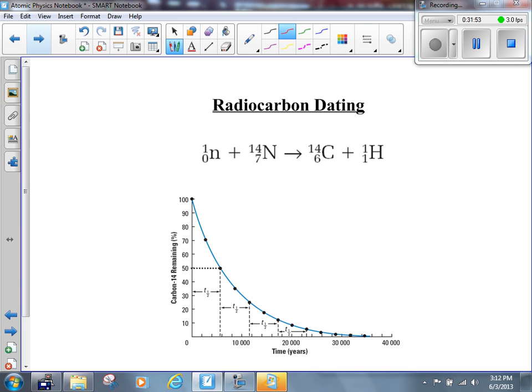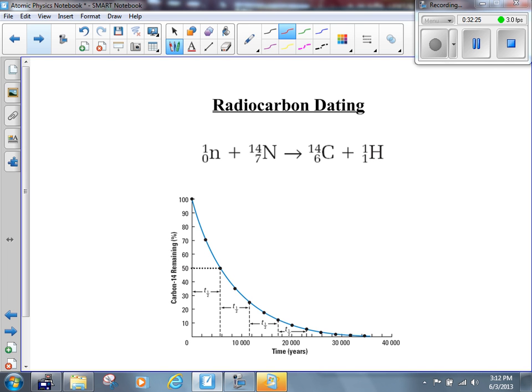When they ingest carbon dioxide, that carbon dioxide consists of mostly carbon-12, because that's the most plentiful isotope of carbon, but also a little bit of carbon-14. Therefore, every living plant is slightly radioactive because it's consuming this radioactive carbon-14 in very, very small quantities that was generated in the atmosphere when neutrons collided with nitrogen-14.